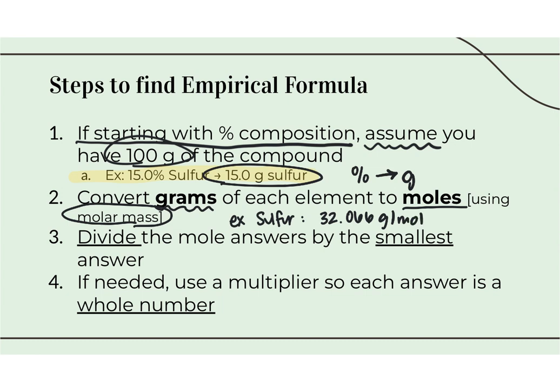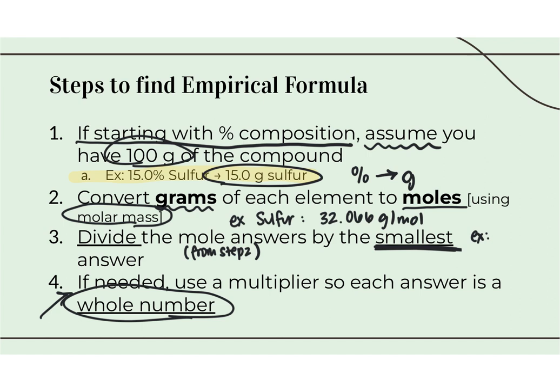Then I'm going to divide those answers from step 2 by the smallest of them. So let's say I have a set of 3 different elements. Whatever one gets the smallest answer, all of them get divided by it. And then if needed, use a multiplier so your answers become whole numbers.